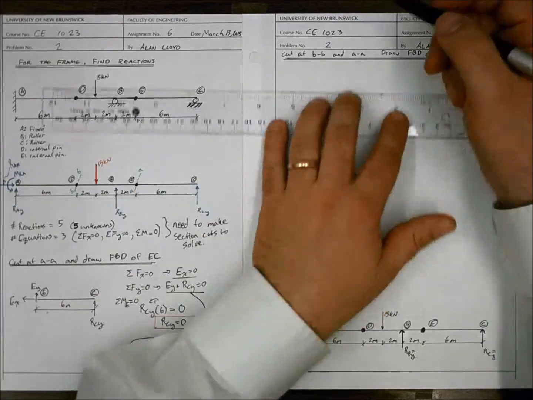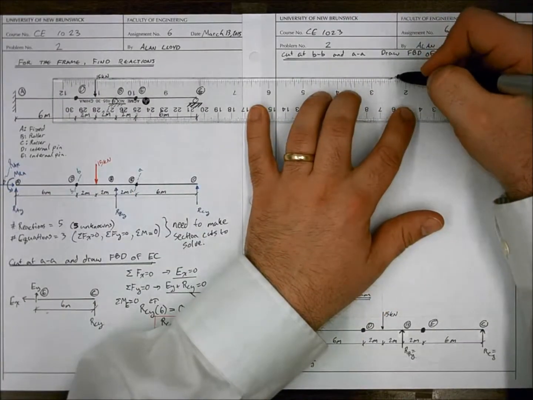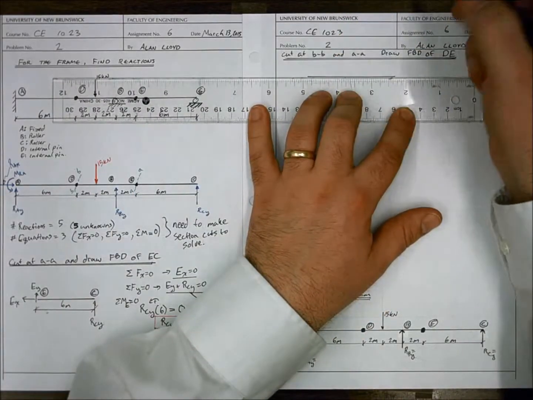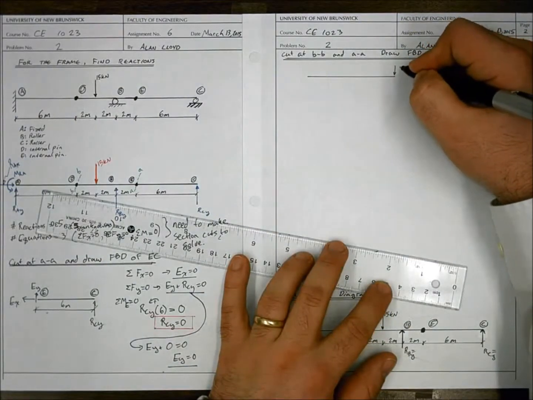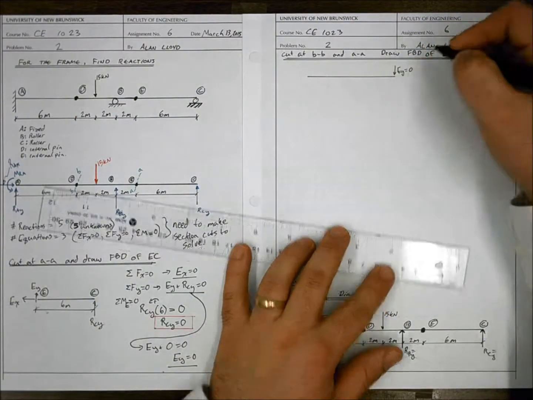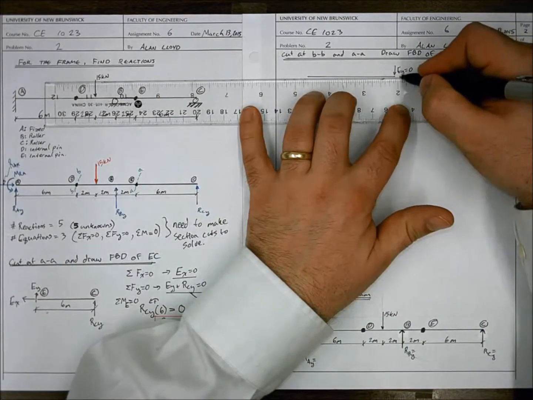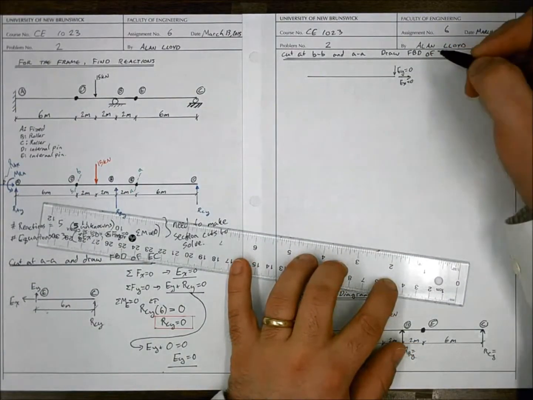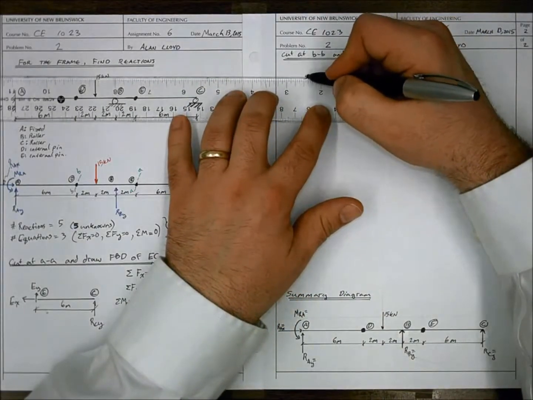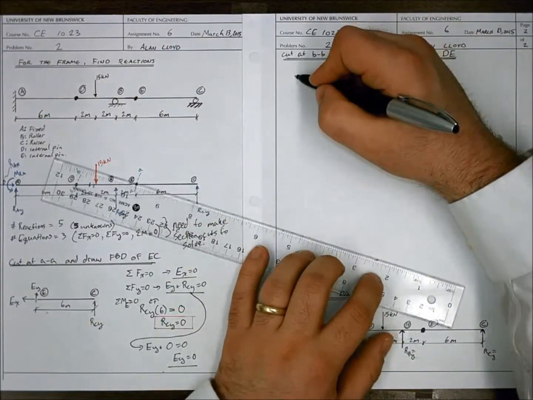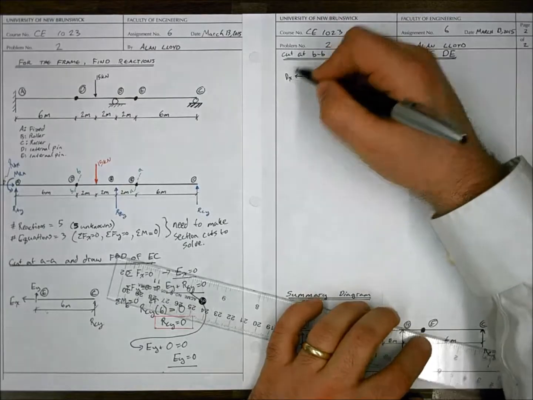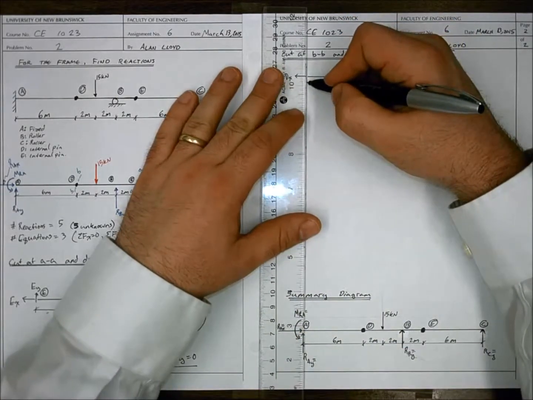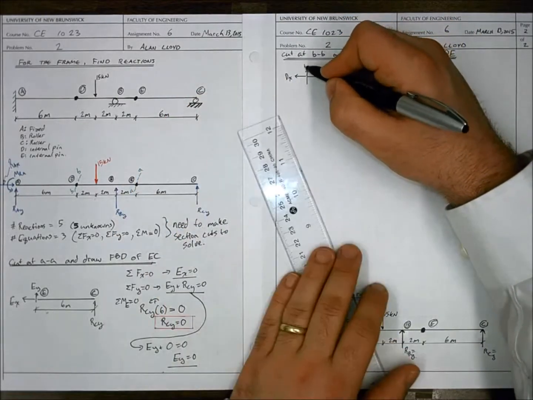Now, this diagram is pretty straightforward. We have a length of beam, we have a force EY equal to 0 that we calculated on the other side of that cut, and EX is also equal to 0. We have a force at the cut over here of DX and a force of DY.